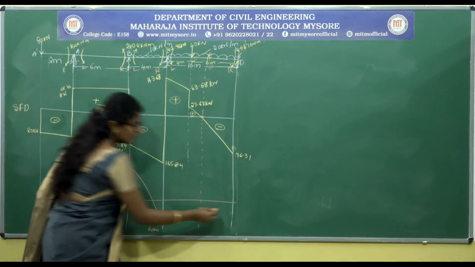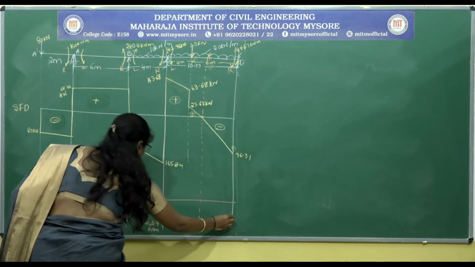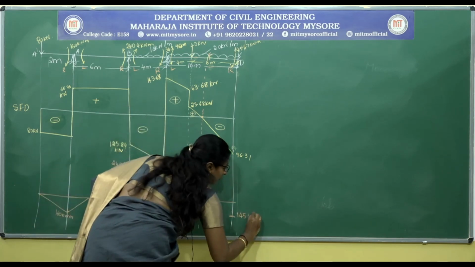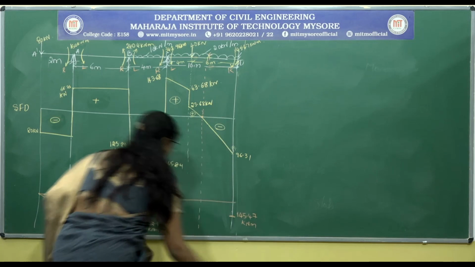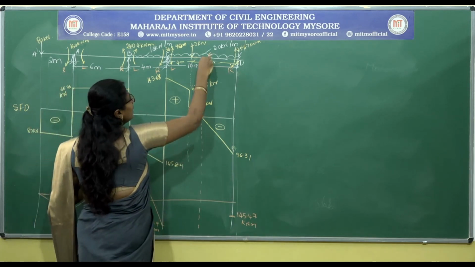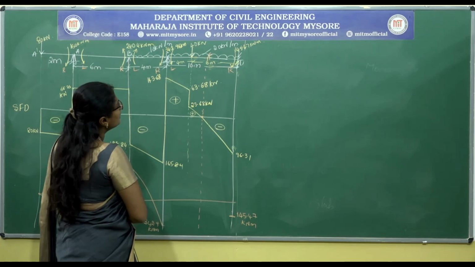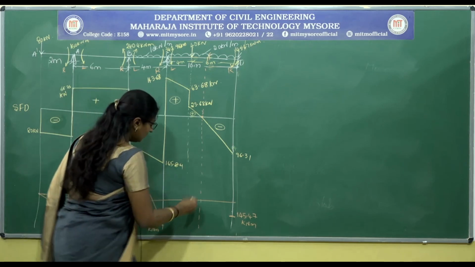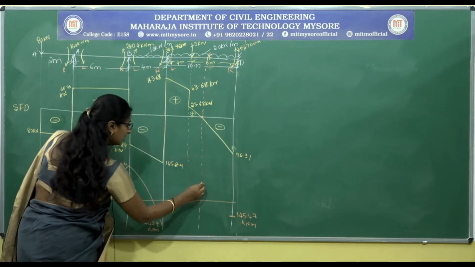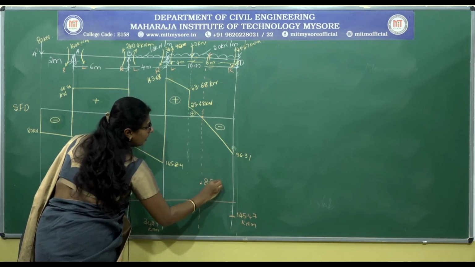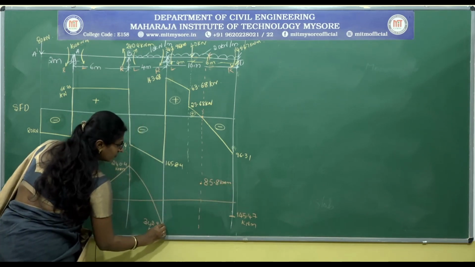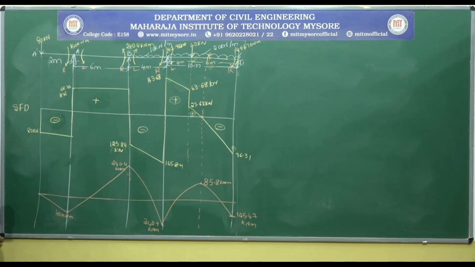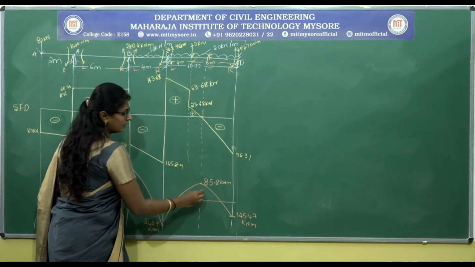So, the moment is 145.47 kilonewton meter, somewhere here. In between these two, the maximum bending moment is calculated at point F, that is equal to 85.8 kilonewton meter. Okay. So, this is the point where we get the maximum bending moment.